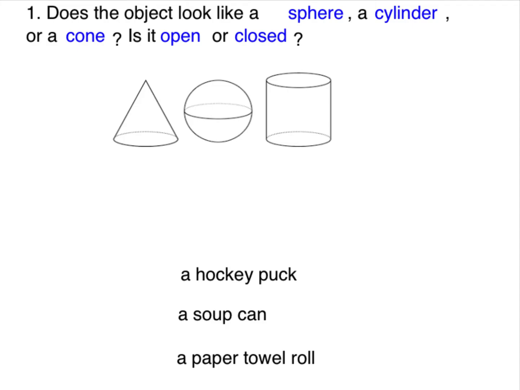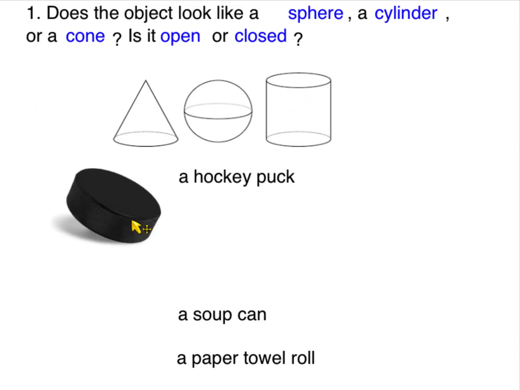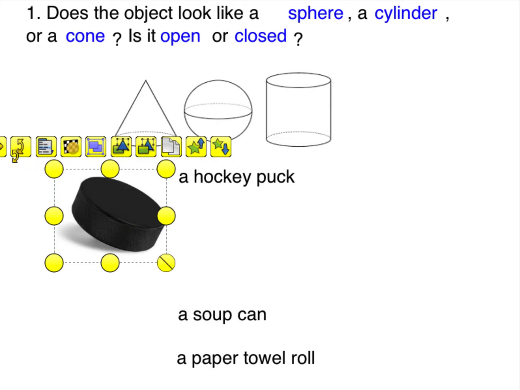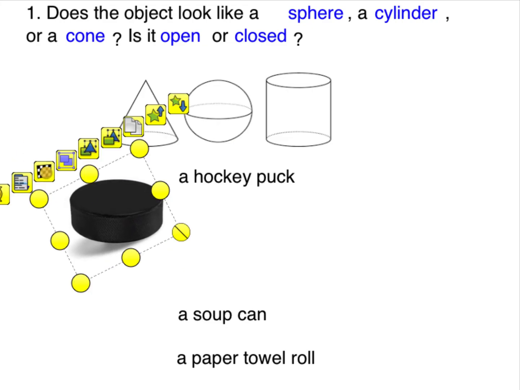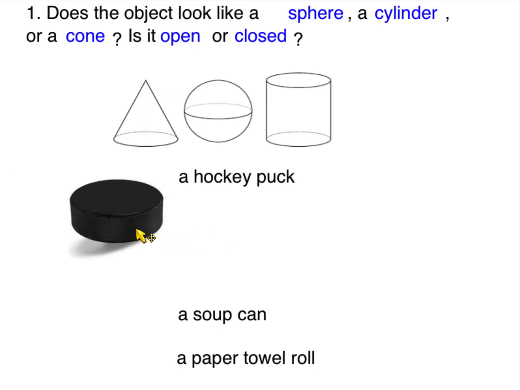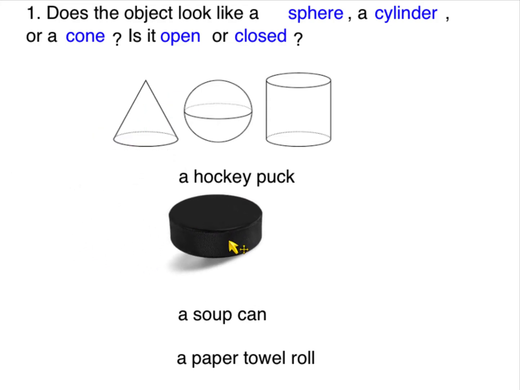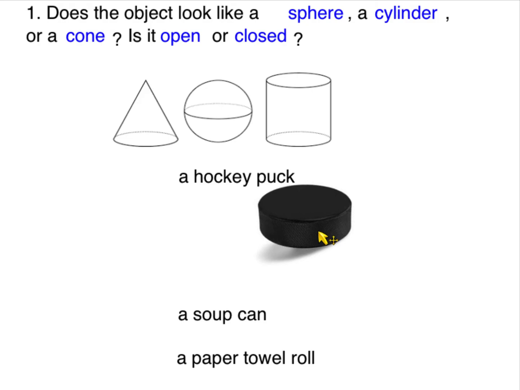So we're going to see if it's a cone, a sphere or a cylinder. A hockey puck? Is that a cone, a sphere, or a cylinder? If I tip it, it's a little bit easier for you to see that it's not like this. It doesn't have a point. It's not round like a ball. It is a cylinder.